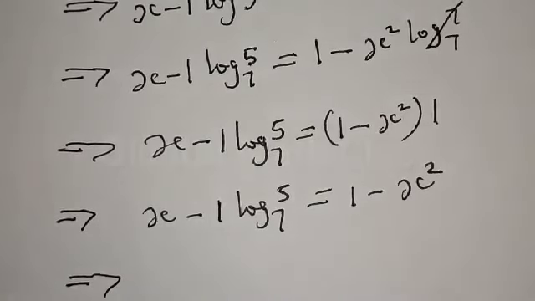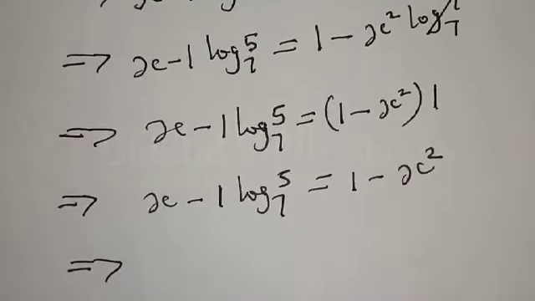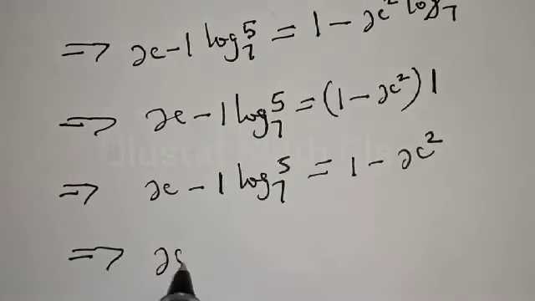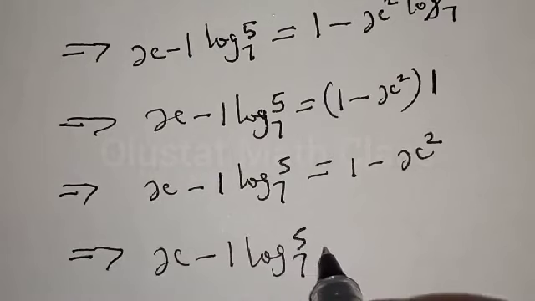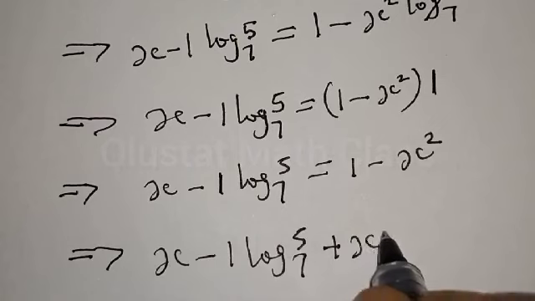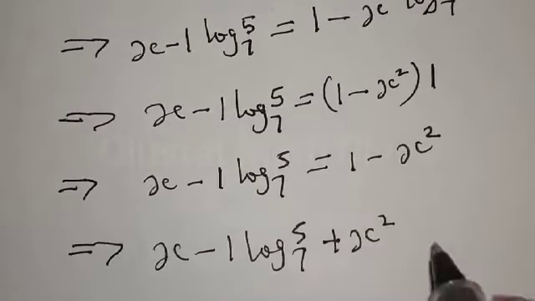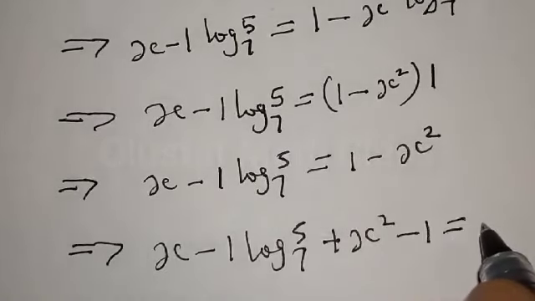This implies that let's equate it to 0. We have x minus 1 log 5 base 7 plus x squared minus 1 is equal to 0.